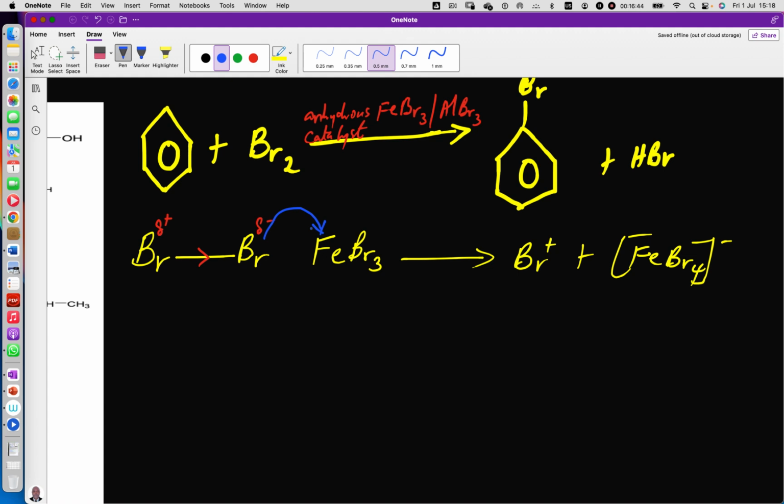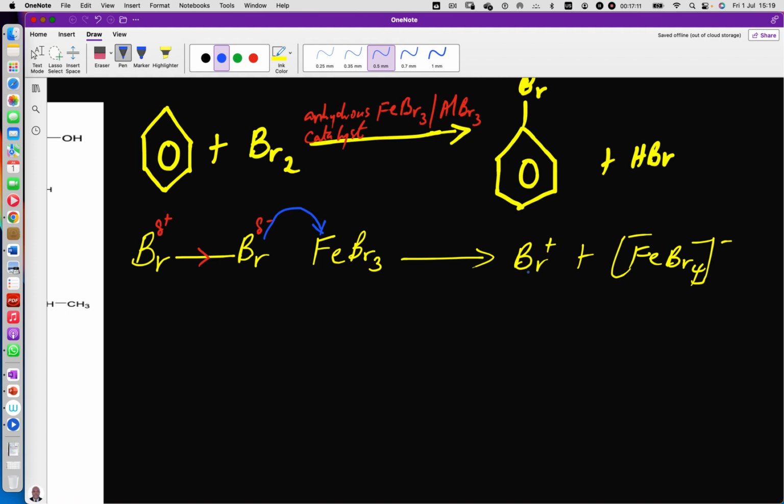Now what is going to happen here is this. This is the whole equation: benzene plus a molecule of bromine using the catalyst. The catalyst could be iron 3 bromide or aluminum bromide. Then we will have the product.